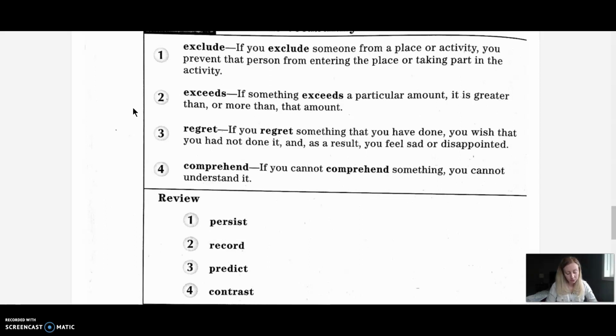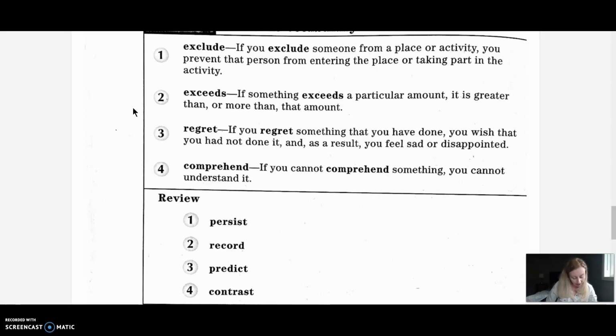If you exclude someone from a place or an activity, you are preventing that person from entering the place or taking part in an activity. So let's say all of your friends are hanging out and you're excluding one person. You're leaving that person out. You're preventing them from joining the activity, okay?